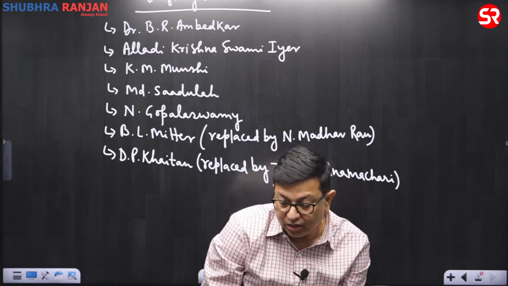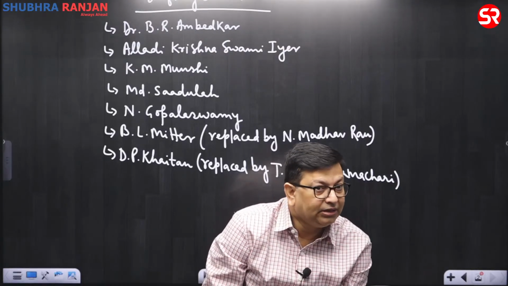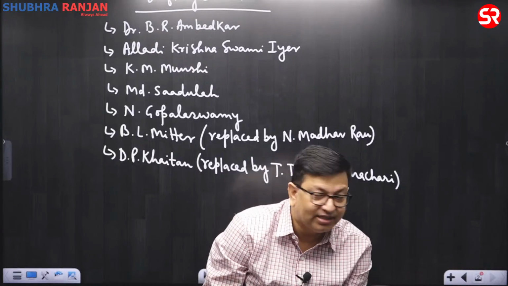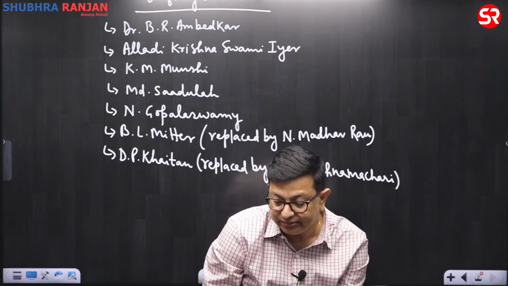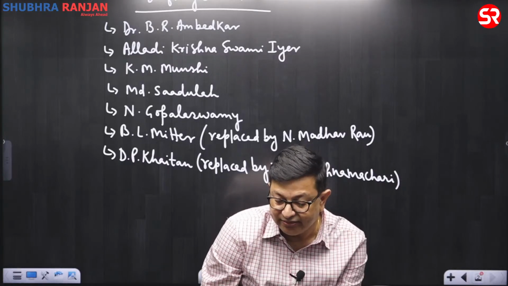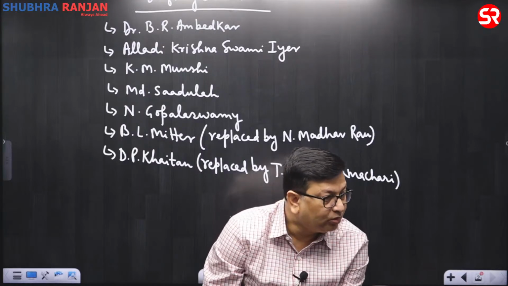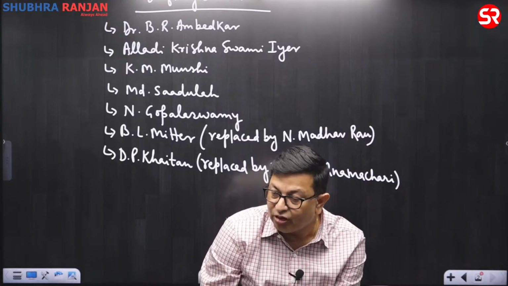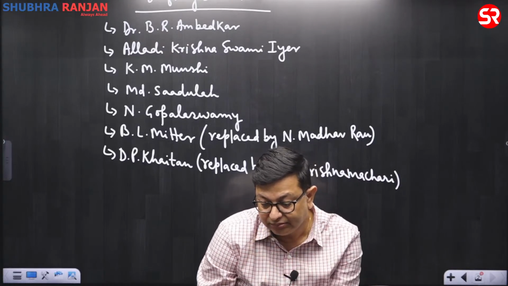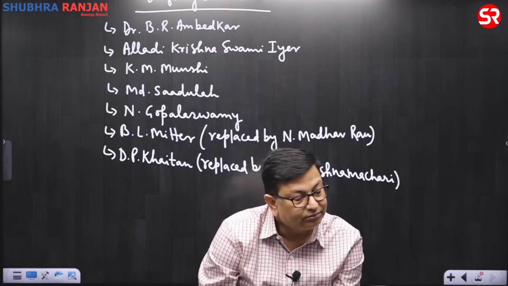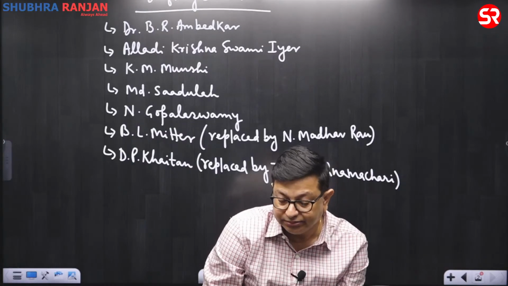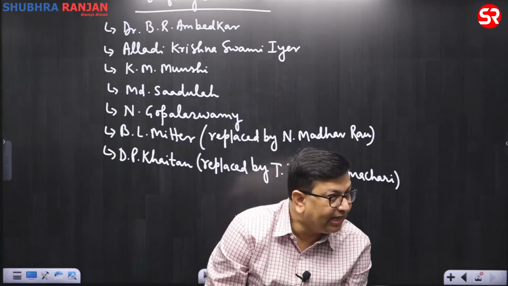On that day, the Constituent Assembly ceased to exist, C-E-A-S-E-D, ceased to exist, and transformed itself into Provisional Parliament of India, until a new parliament was constituted in 1952.